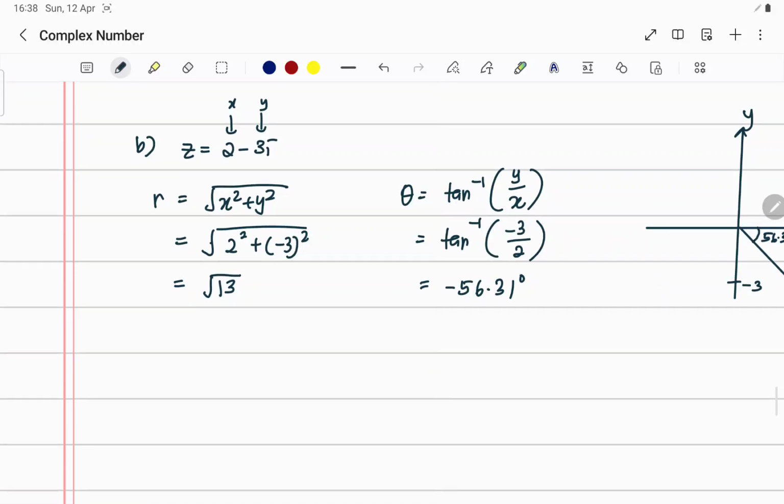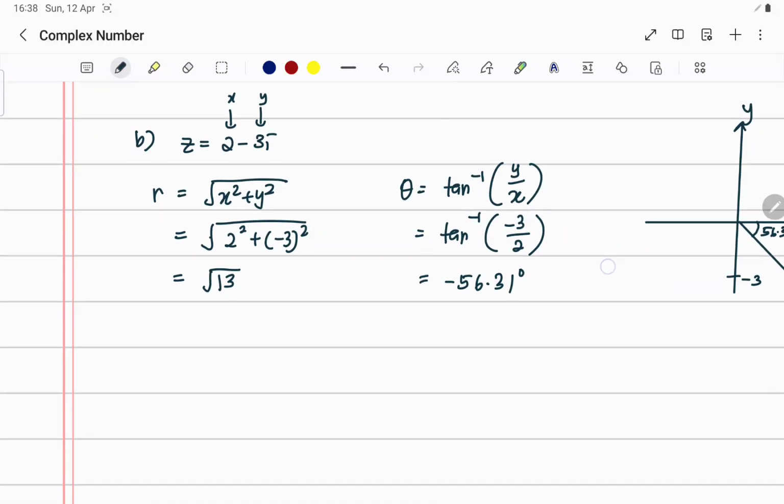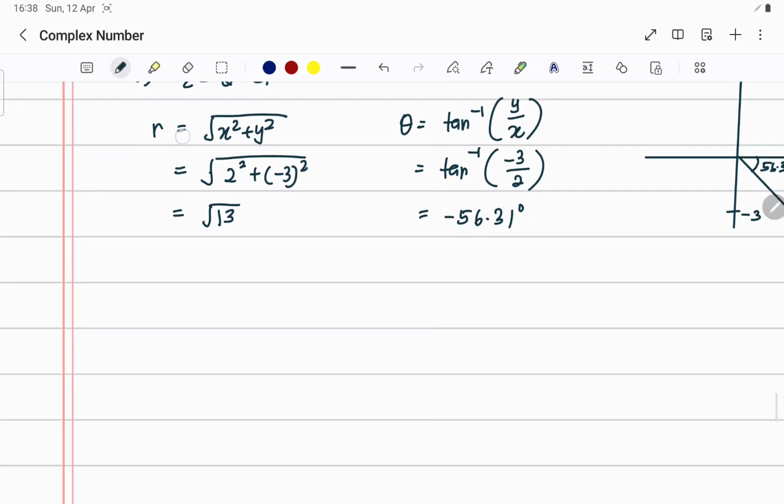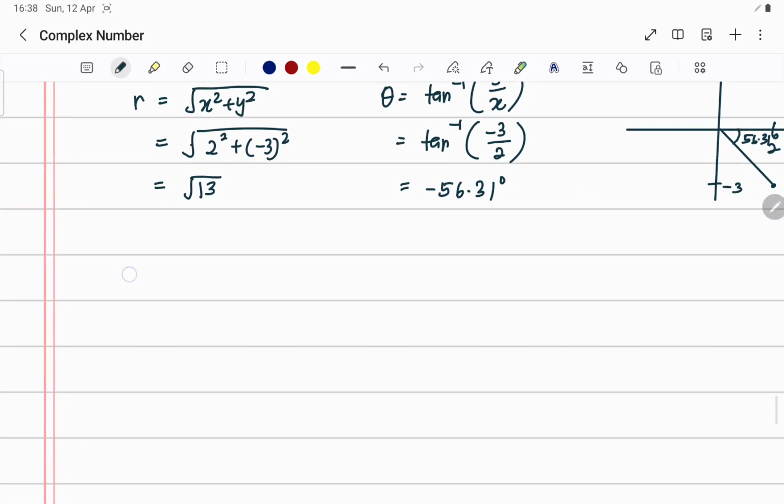Now you already got r, you already got theta. Now you can just substitute inside the formula, which is z is equal to r e to the power of i theta. So r is square root 13, e to the power of negative 56.31 degree i, if you want to put your answer in degrees.